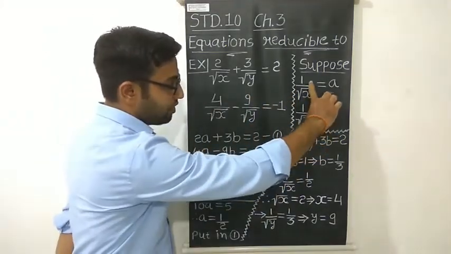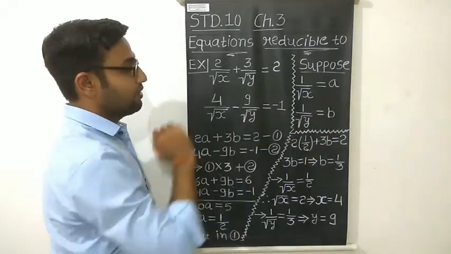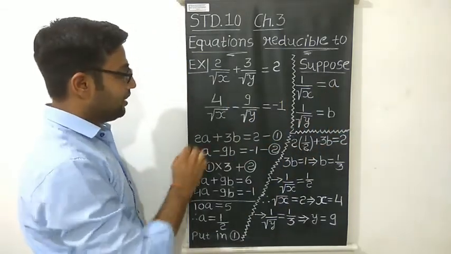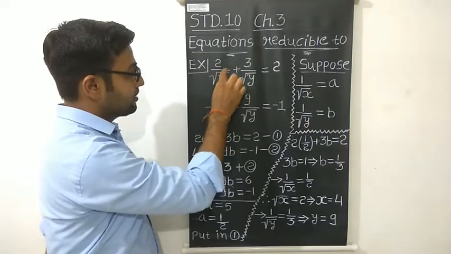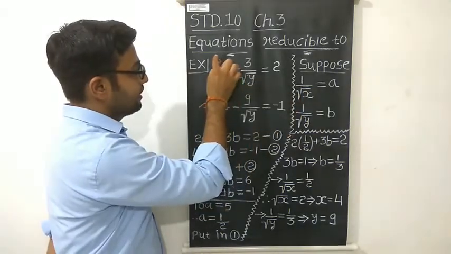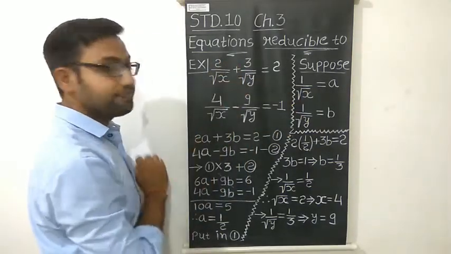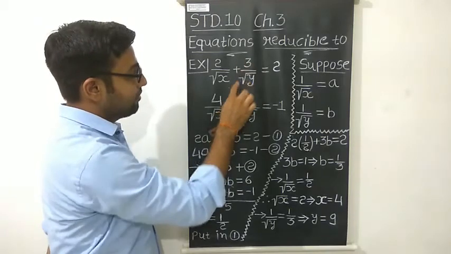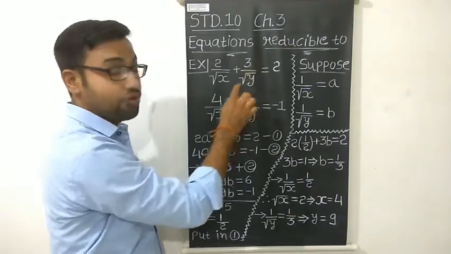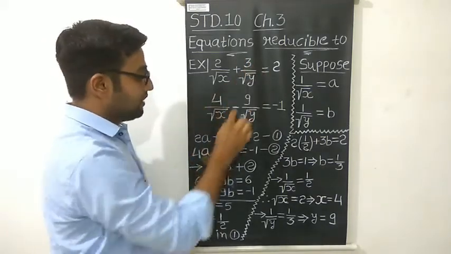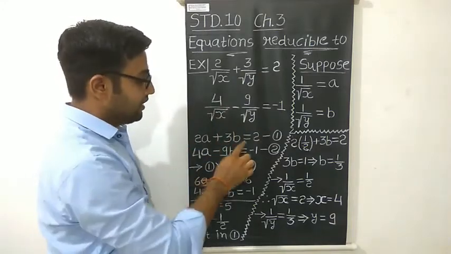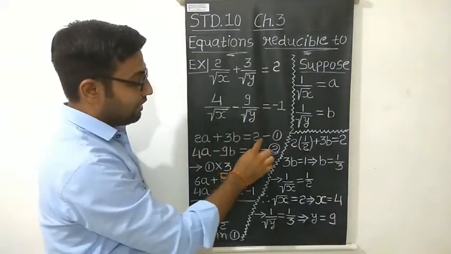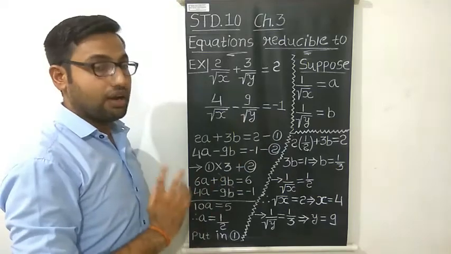Applying both these in this equation, what we will get here: 1 upon root x is equal to a, therefore this will become 2a, plus this will become 3b, because 1 upon root y is equal to b. So this will become 3b is equal to 2. Give it equation number 1.